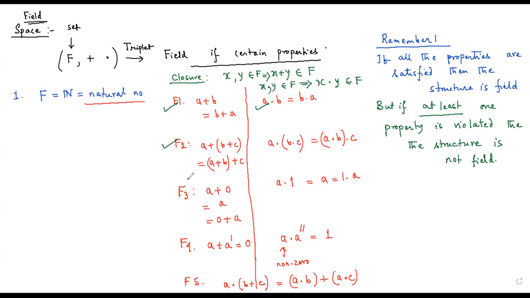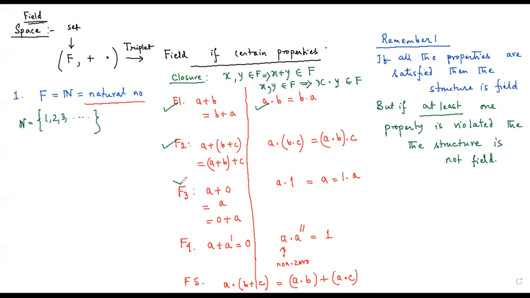But whenever you come to F3, you will see that the set of natural numbers, as you know, starts from 1, 2, 3, and goes on up to infinity. No zero, no such element is present, which when added to a natural number gives back the natural number.